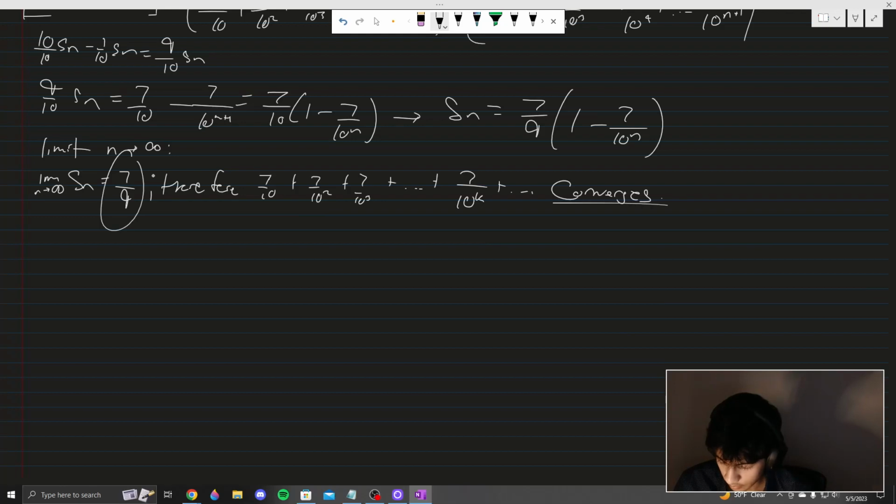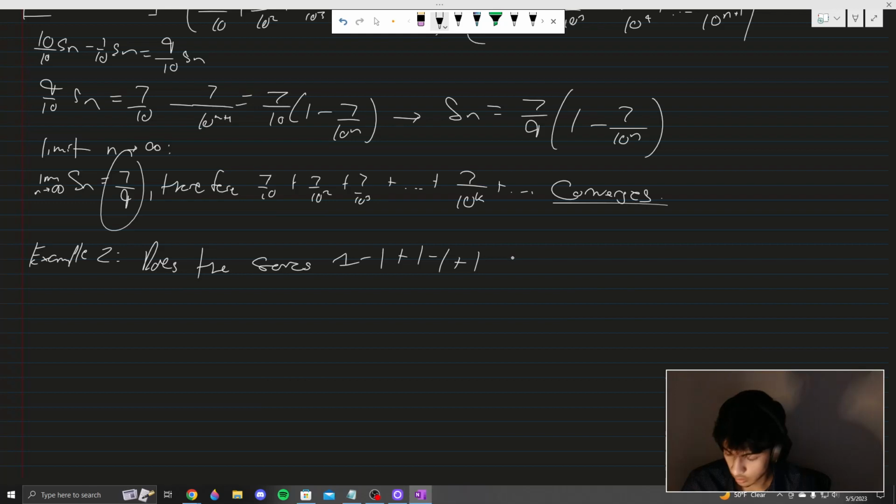Now, let's do another example, and this is important. Does the series 1 minus 1 plus 1 minus 1 plus 1 converge?